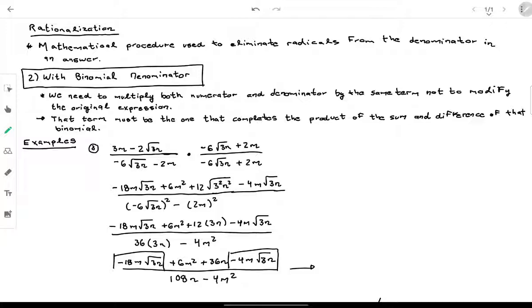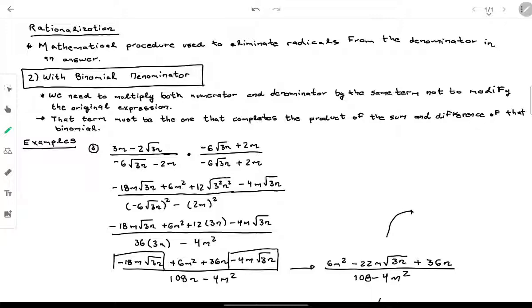And it's going to be, let's start with 6m squared. Then we will have minus 18 minus 4, it's going to be minus 22m that multiplies the square root of 3n plus 36n, all of it divided by 108 minus 4m squared.